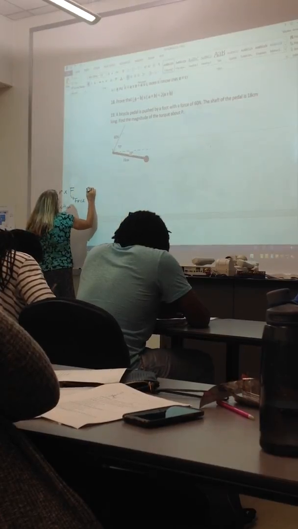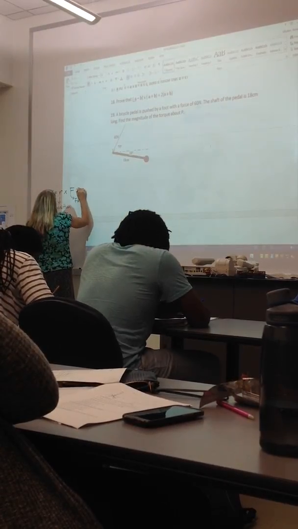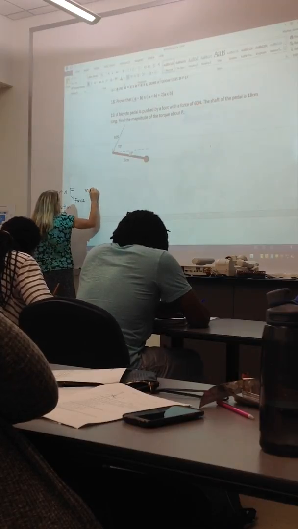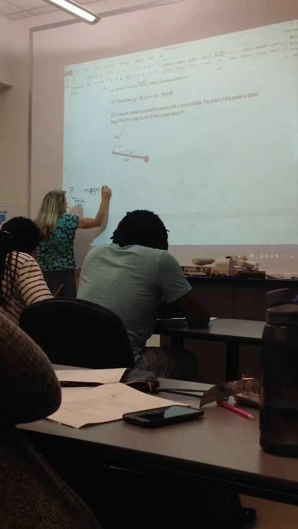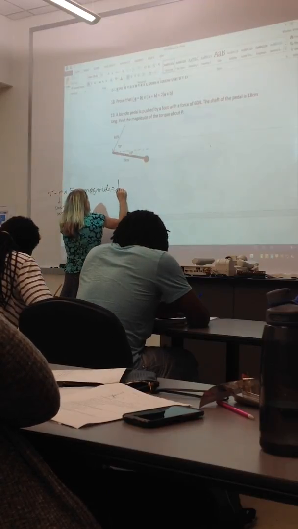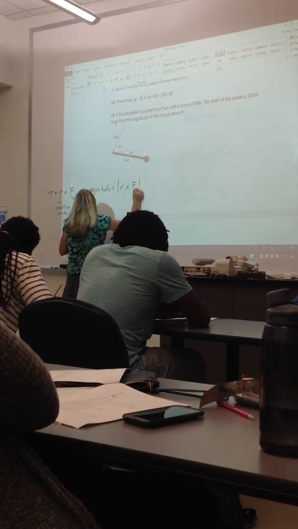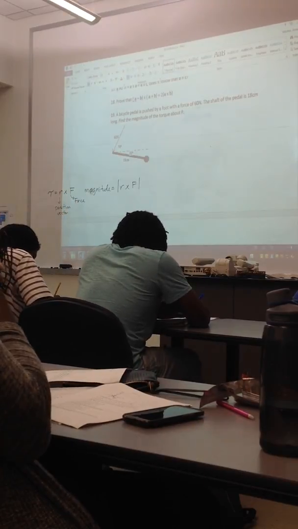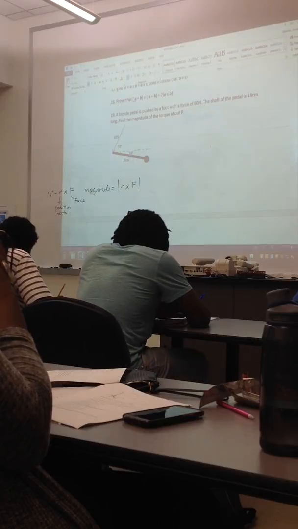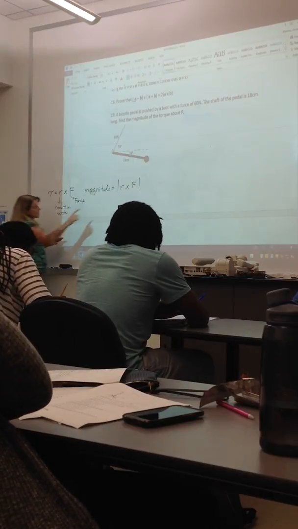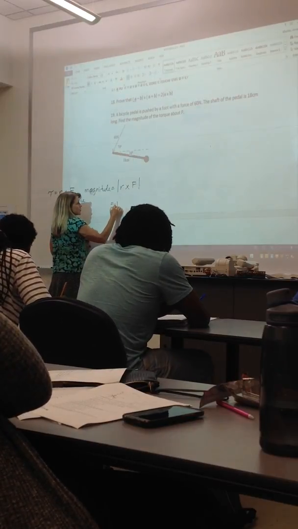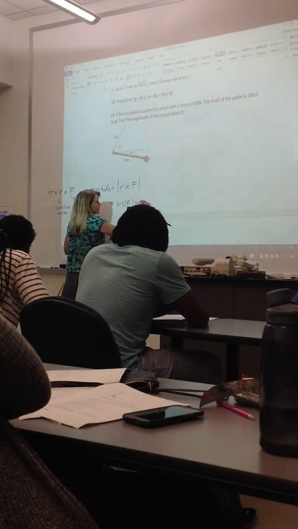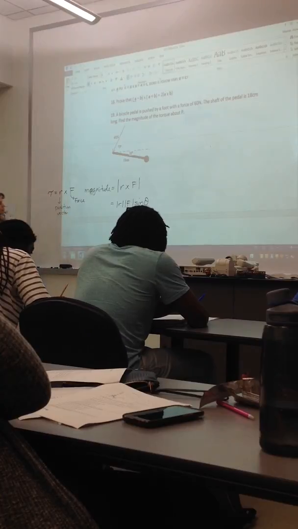The magnitude of the torque is equal to the magnitude of the cross product, which is equivalent to the magnitude of both of those other vectors times the sine of the angle in between the vectors.